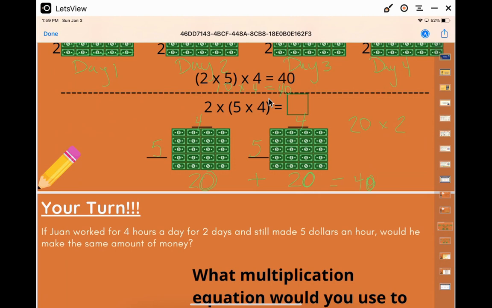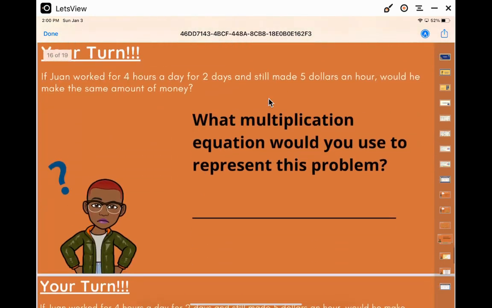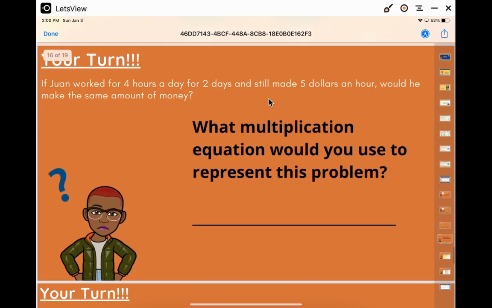Instead of multiplying 20 times 2, I would think about something that I knew that was smaller, which is exactly why we multiplied 5 times 4 and 5 times 4 and added them together in order to get our 40. Whew, that's a lot of work, guys. But guess what? Now it is your turn.